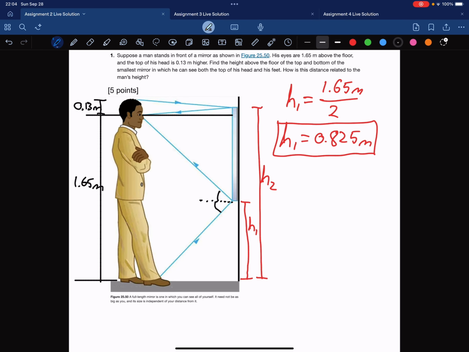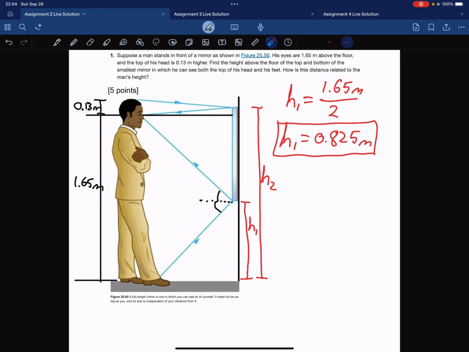So I know that the top of this mirror is going to be a little bit more than 1.65 meters. And I know it'll be a little bit less than 1.65 plus 0.13, so his full height. So the top of this mirror is a little bit less than the person's full height, but a little bit more than where his eyes are.